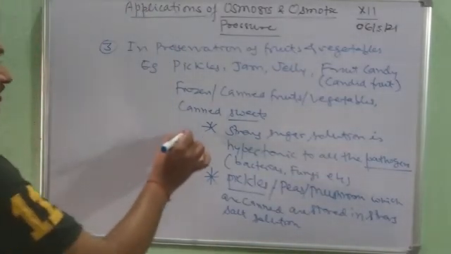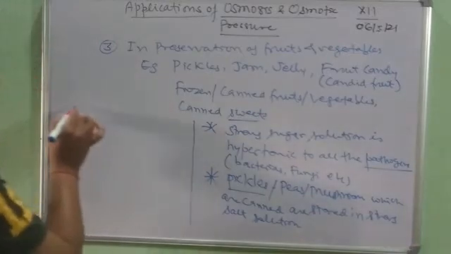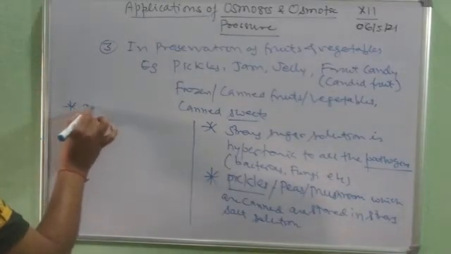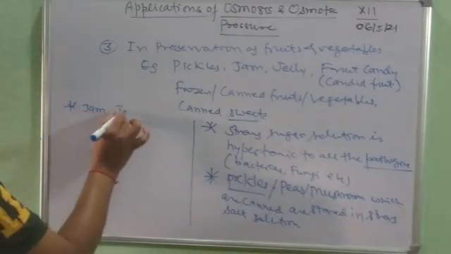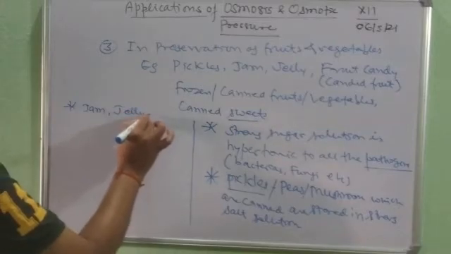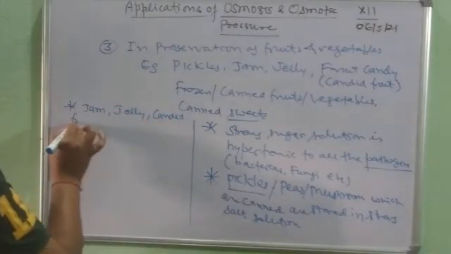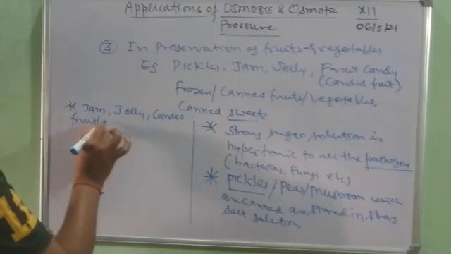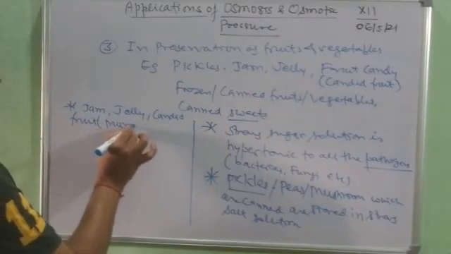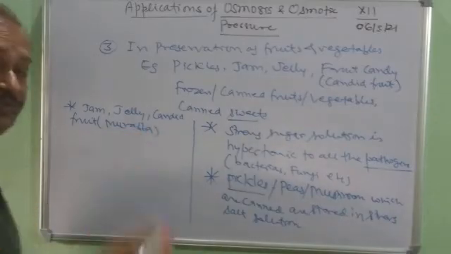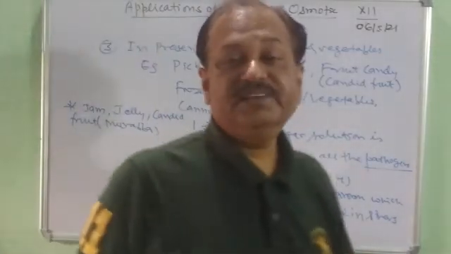Now, other points, children, in case of jams, jelly, candied fruits, like we saw murabba. You all must know murabba. So how is murabba made?